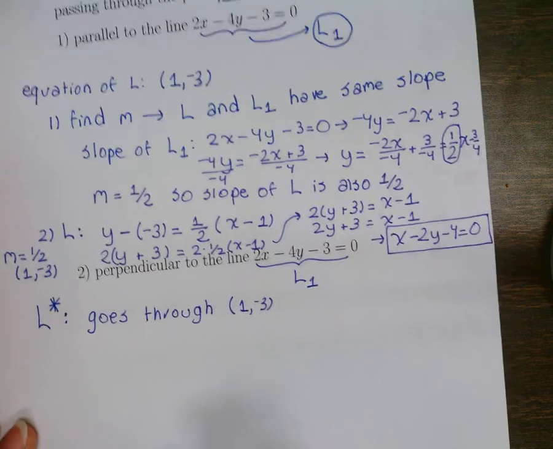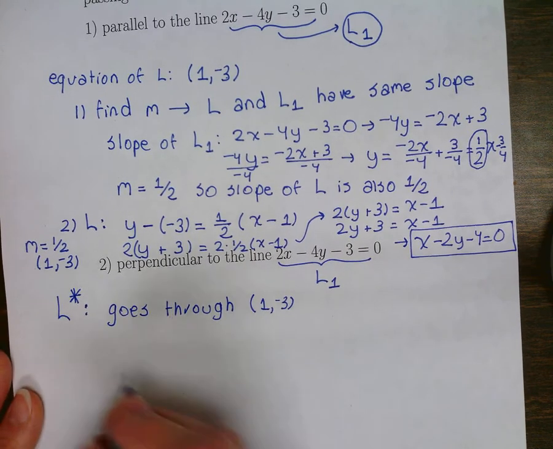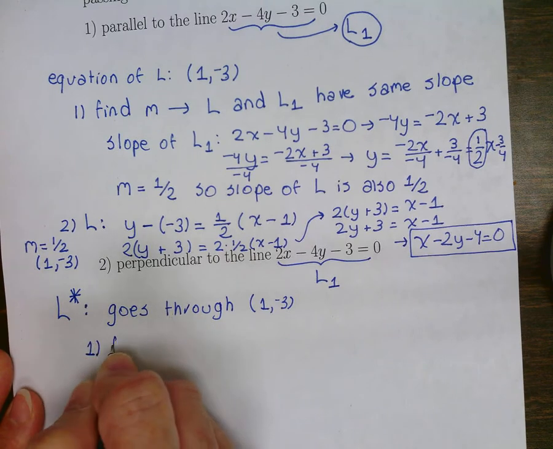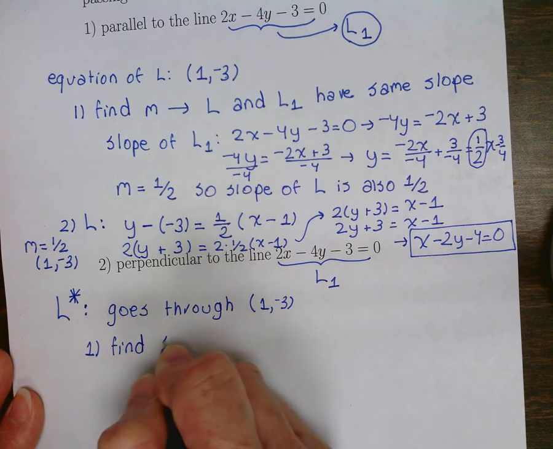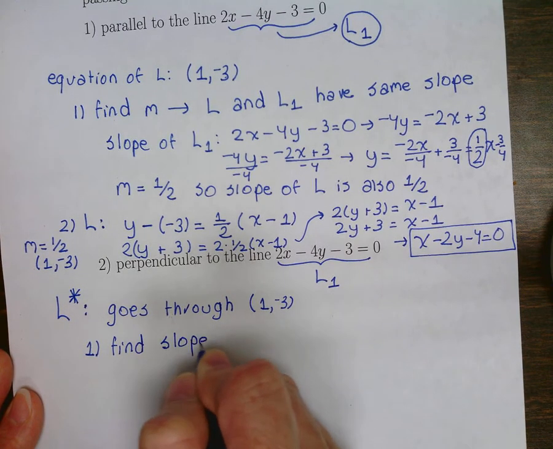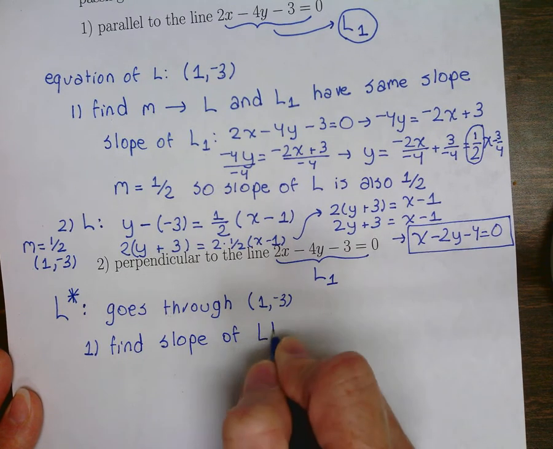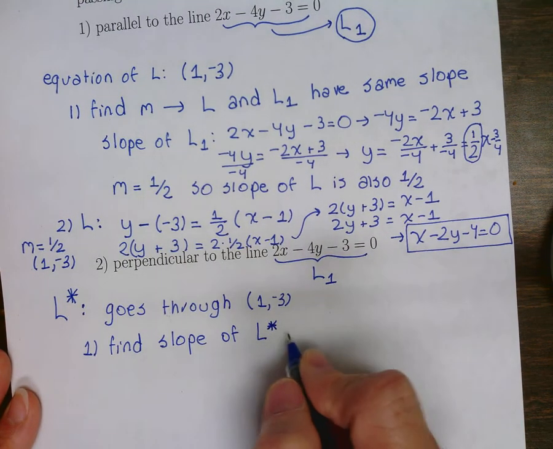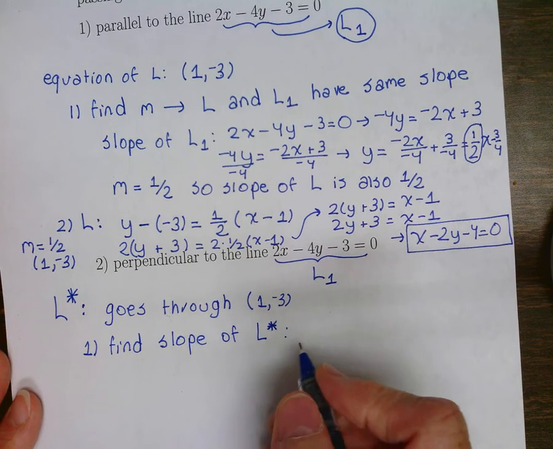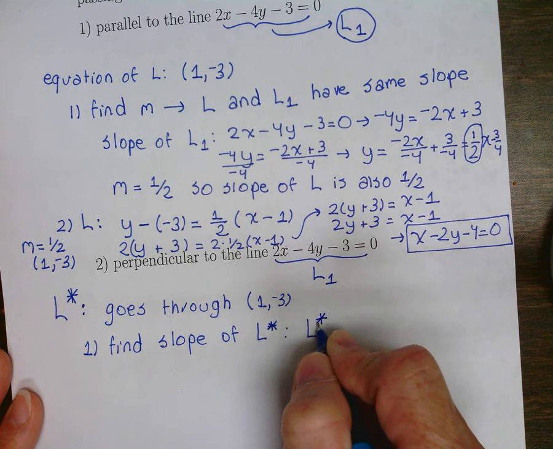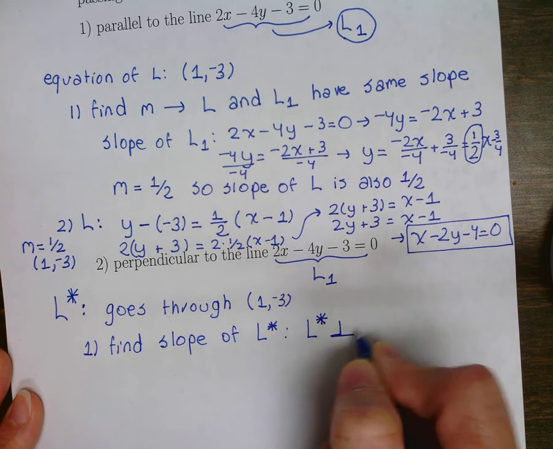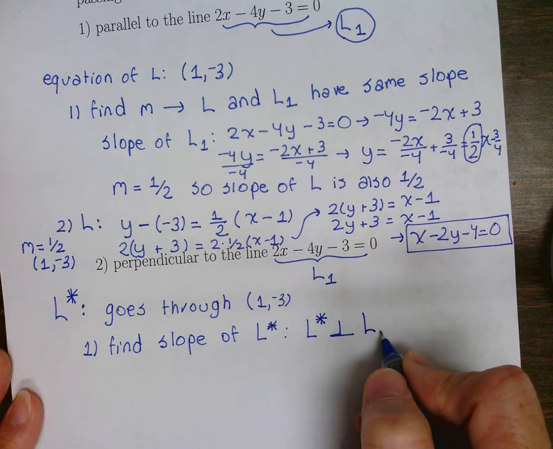Okay, so what do I need to find? I need to find the slope of L star. Okay, but L star is perpendicular to L1.